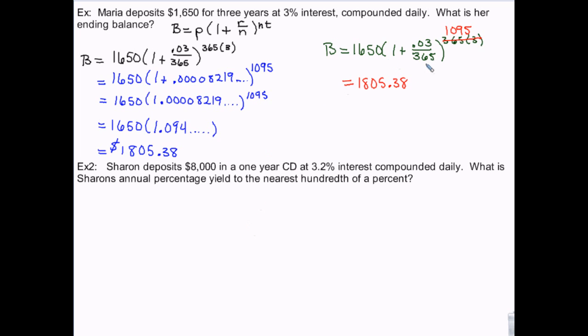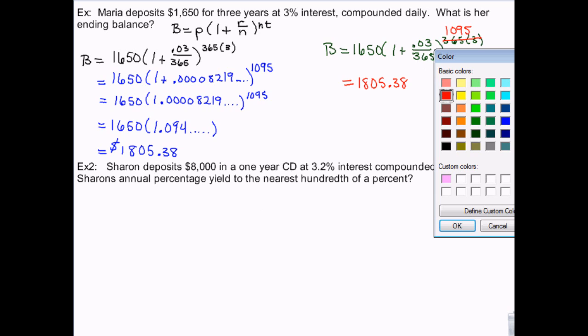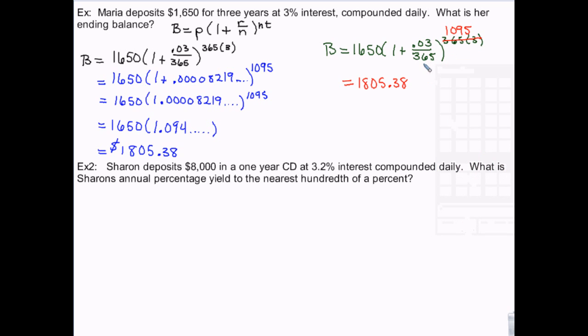Okay, so to label this, I guess this was technically first, just finding it. So I do this, then I add, then I raise to the power of, then I multiply. So I'm working inside out. And then you don't have to write down all of this stuff.